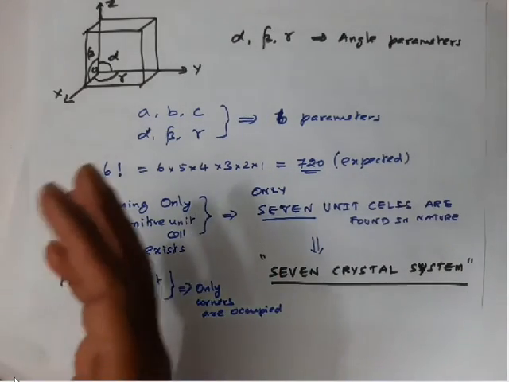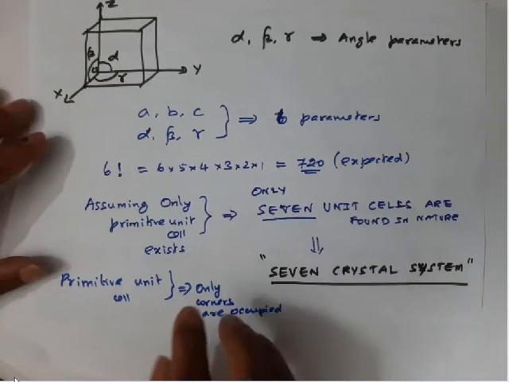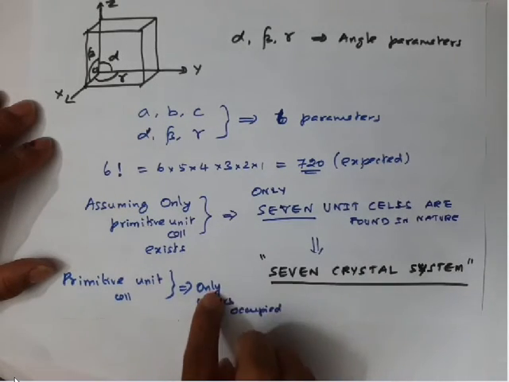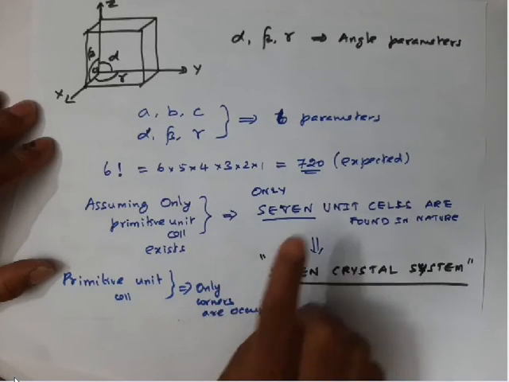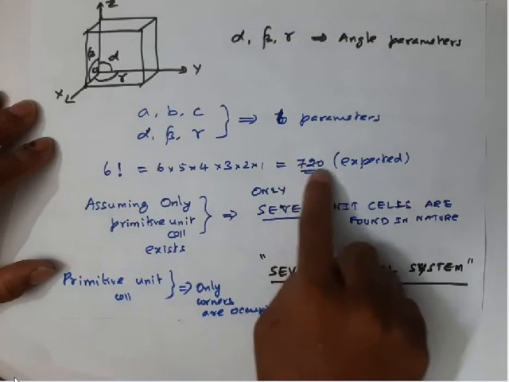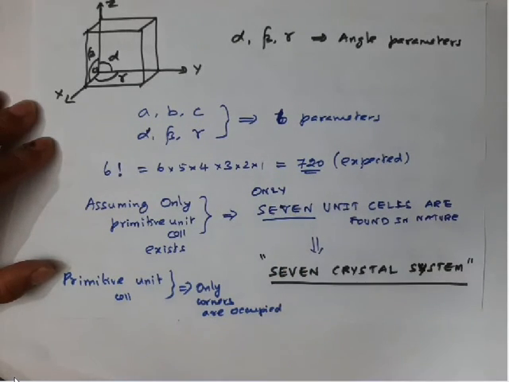Whatever crystal in nature you take, if you assume the unit cells are only primitive, then out of the expected 720, only 7 different unit cells exist in nature.